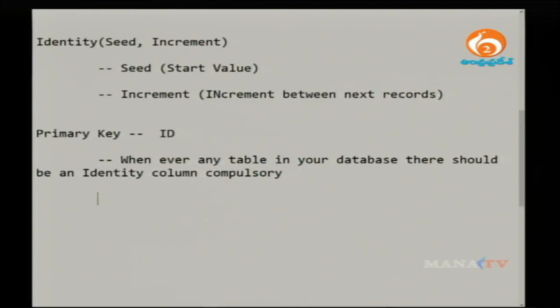Because when I have this ID column, making relations becomes very easy. I can make a relation between multiple tables based on the ID columns. Please do remember this. You need to remember it for sure whenever you want to make relations between multiple tables.